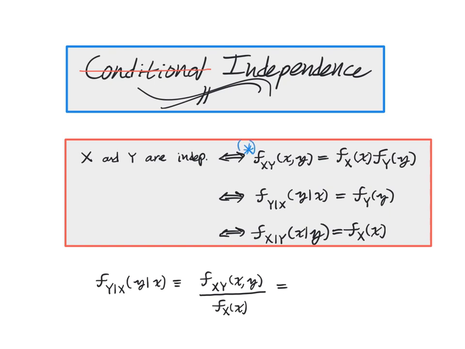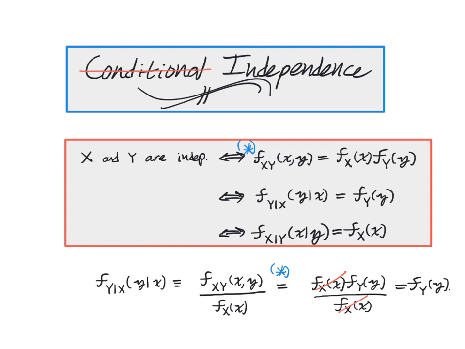Now, using this property with the blue star next to it, namely that the joint density is equal to the product of the marginals, that's our primitive definition of independence, we can simplify the expression for the conditional density as follows. Now notice that the marginal for x cancels out in the numerator and the denominator, leaving us with the unconditional density of y.